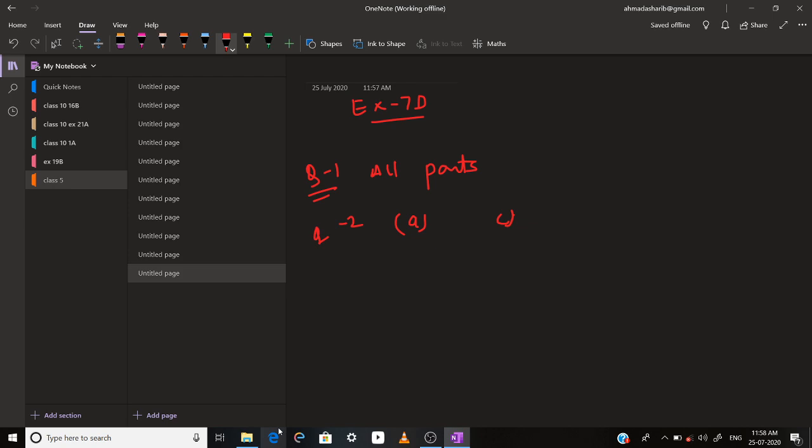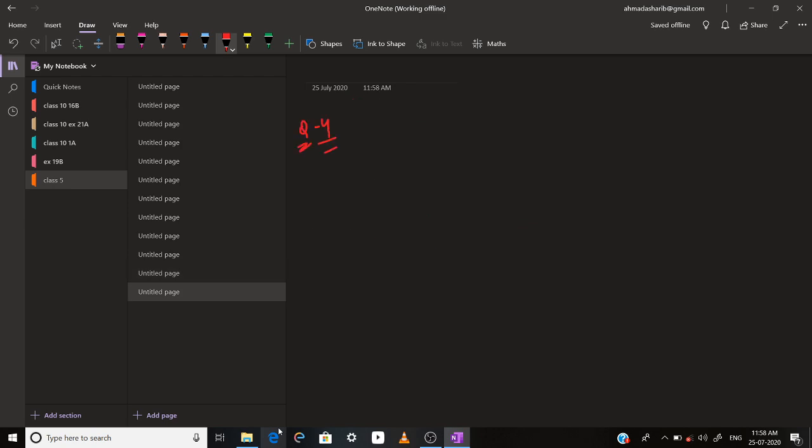Now question 4 says Salma wants to distribute 123 toffees equally among 15 of her friends. So the number of toffees is equal to 123, and the number of friends is equal to 15.